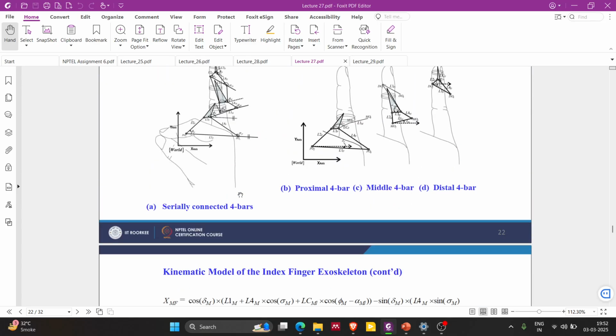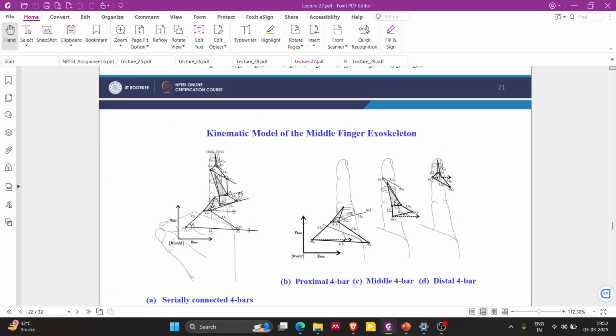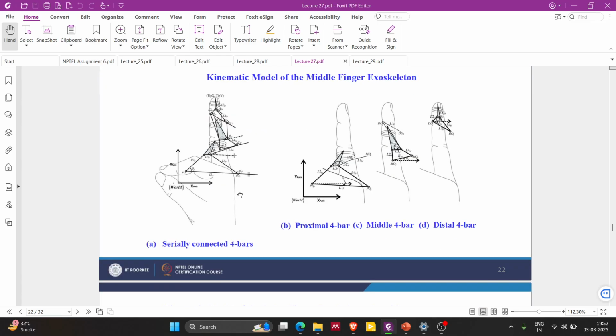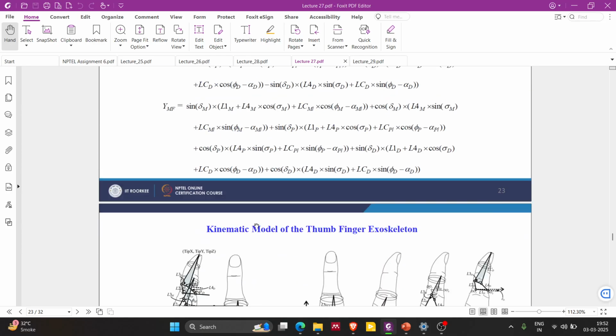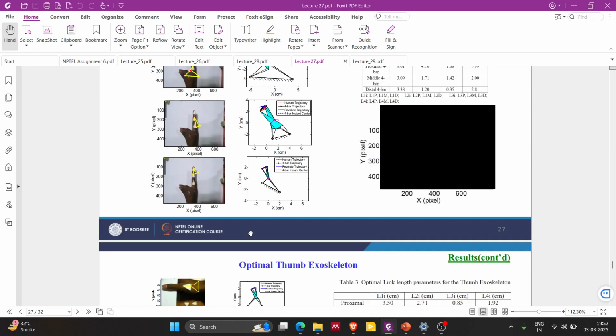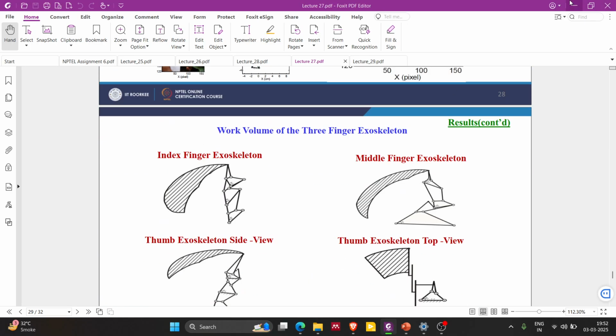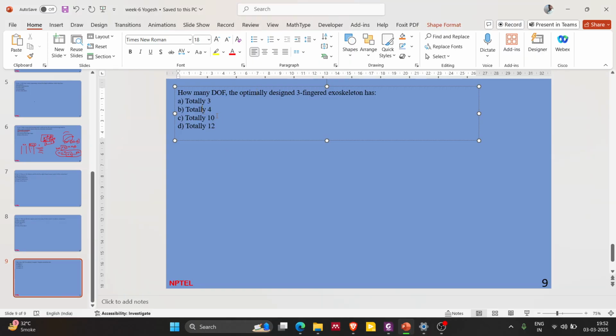But it is a serial unit of 4-bar mechanisms. For the middle finger again, the proximal is 4-bar, the middle is 4-bar, and the distal is 4-bar, serially connected. I think the answer is eight, but it has not been written here. It should be eight, but it's not written here.